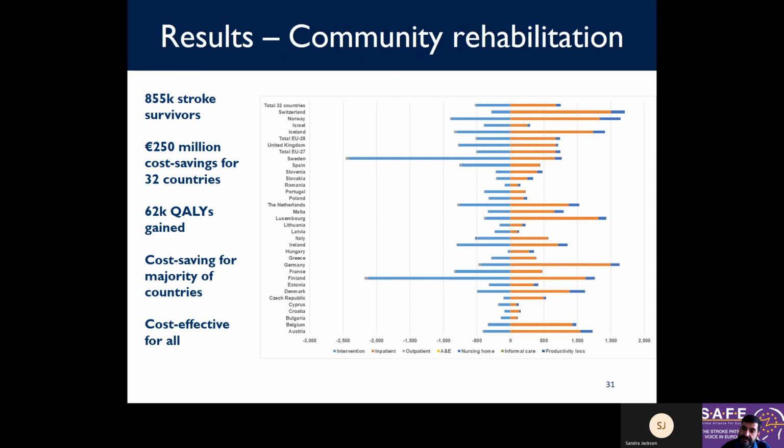That is because in Sweden and Finland, the cost of medical staff tends to be considerably higher than in other European countries. But what we found was that community rehabilitation would be cost effective for all countries in Europe.